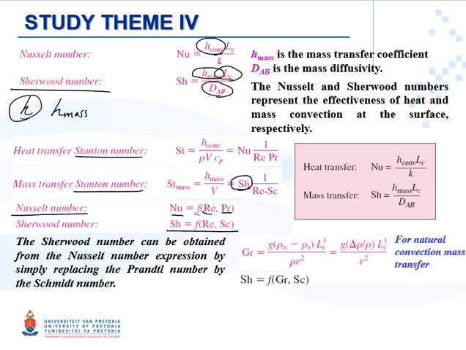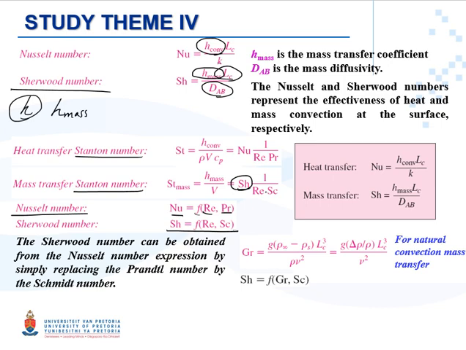Now the question is, when we talked about it, for a given geometry, the average Nusselt number in forced convection is a function of Reynolds and Prandtl, and average Sherwood number in forced mass convection is a function of Reynolds and Schmidt.